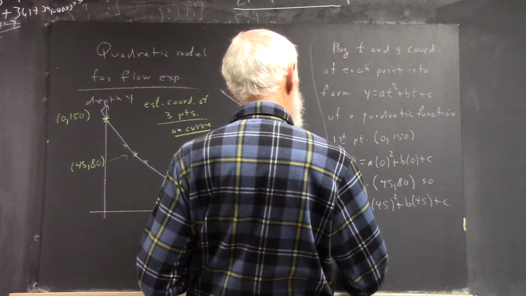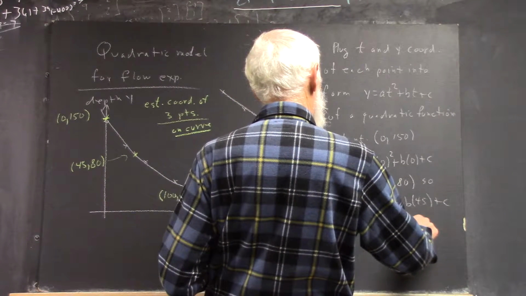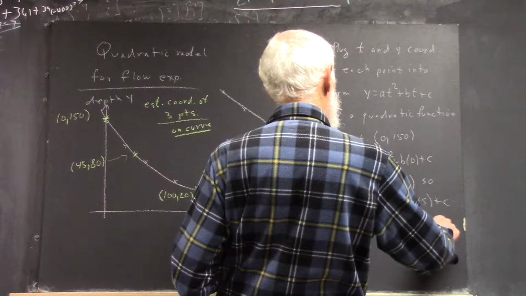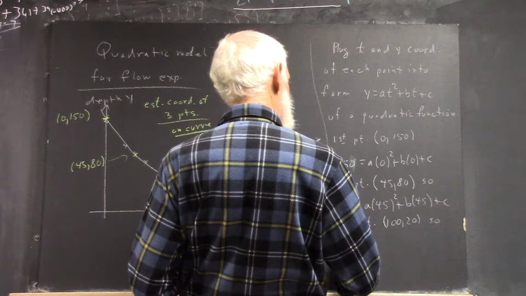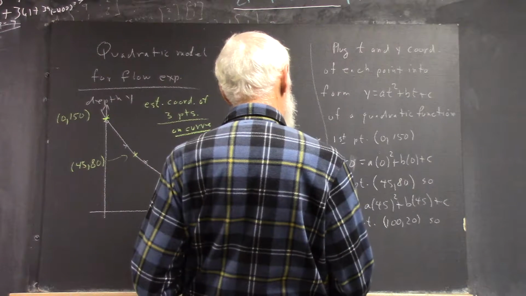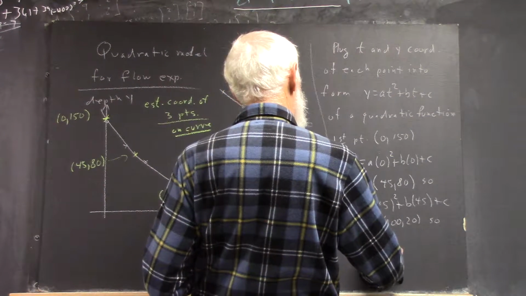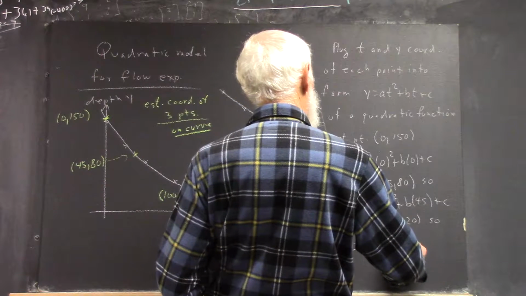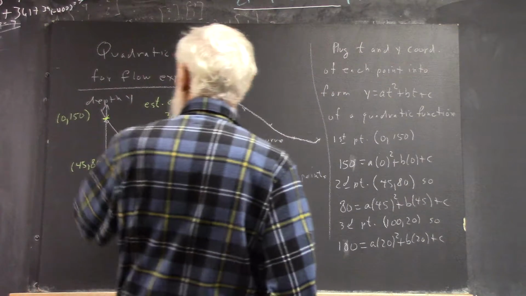Your third point is 100, 20. So 20 should equal a times 100 squared plus b times 100 plus c.